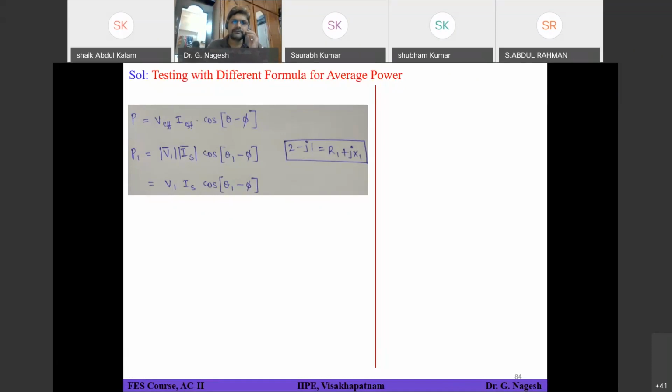Okay. So try to convert this expression V1 into Is into cos of theta 1 minus phi into the I effective square into R format. We can do that or not?